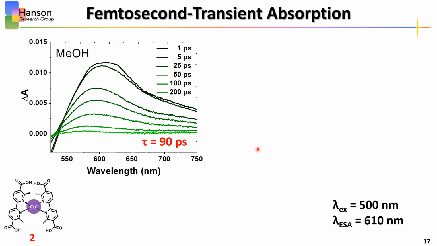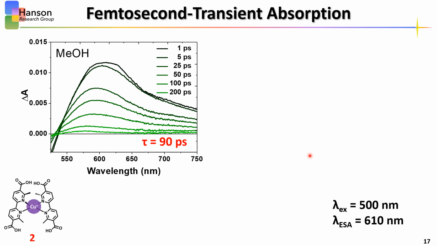For complex 2, at early time scales, below 30 picoseconds, there is a slight blue shift of the excited state absorption, and this is often attributed to vibrational cooling. This small blue shift occurs at about 500 picoseconds for the surface sample.